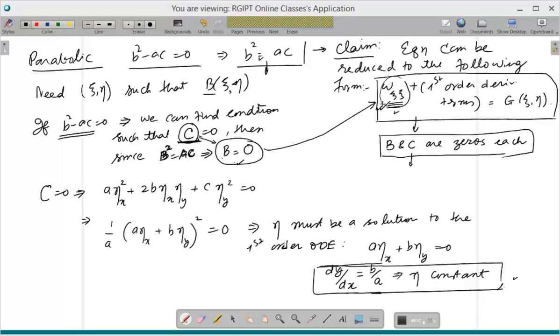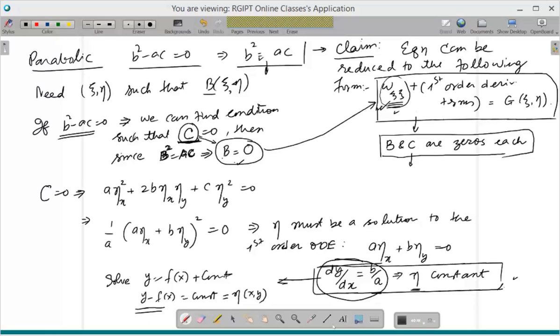So what is the form of eta? We solve this equation for y versus x: y equals some function of x plus some constant. That gives the constant value to be y minus f(x). That is a constant that you can identify with eta as a function of x and y. So that will give me the coordinate transformation required: eta equals y minus f(x), where f(x) is obtained by integrating this.